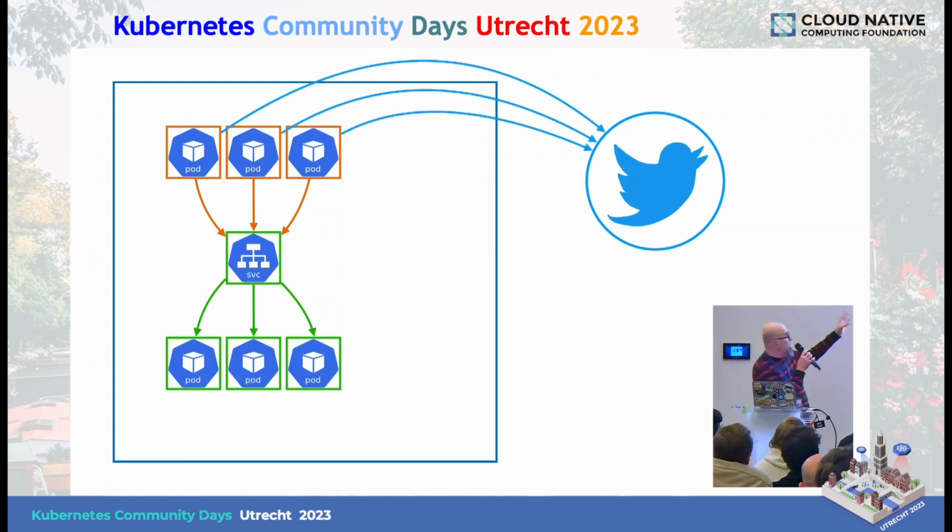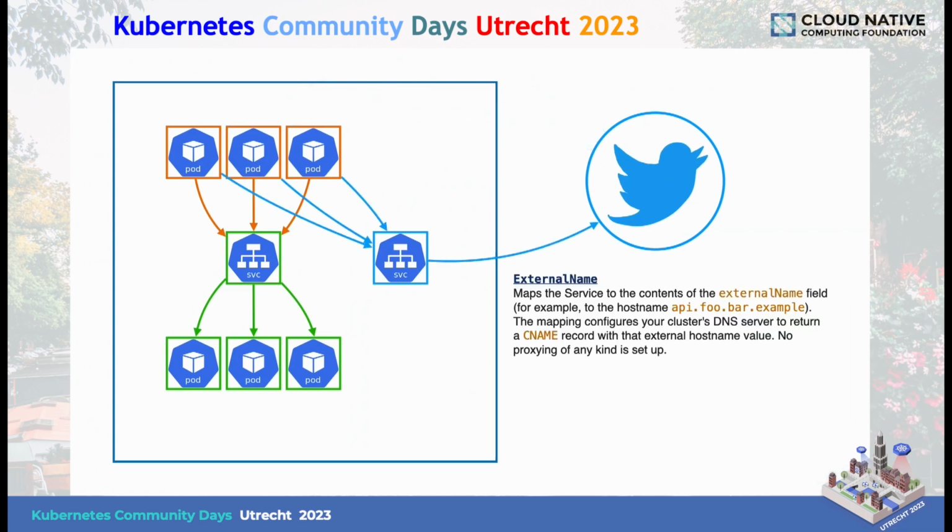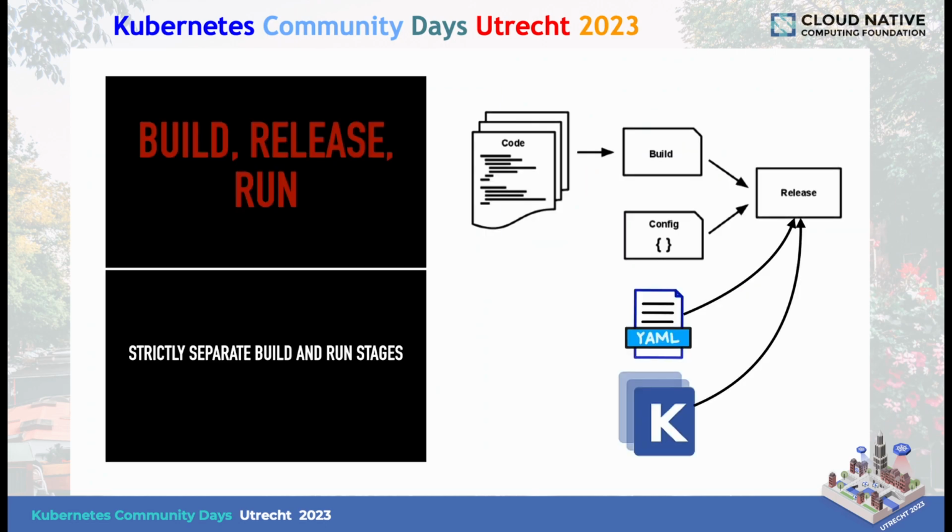I usually see this pattern: this URL is embedded in the environment variable of the pods, and each of them goes to it by itself. But we can create another service, called an ExternalName service. It's already in Kubernetes to route the traffic outside of the Kubernetes cluster.